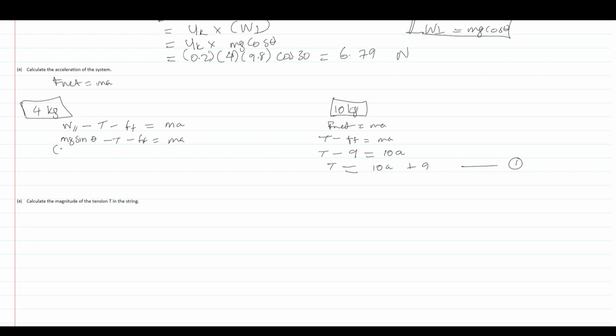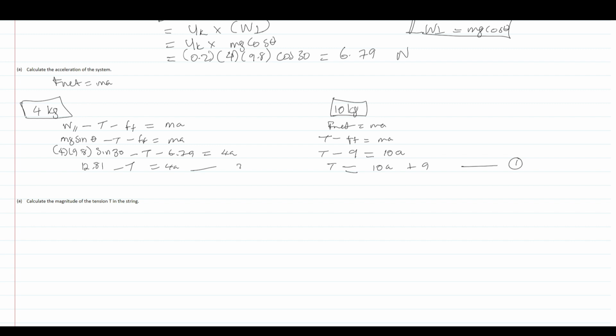So we're going to plug in our values. 4 multiplied by 9.8 sine 30, minus T, minus 6.79 that we just calculated, is equal to 4A. 4 multiplied by 9.8 multiplied by sine 30 minus 6.79 gives us 12.81 minus T equals 4A.